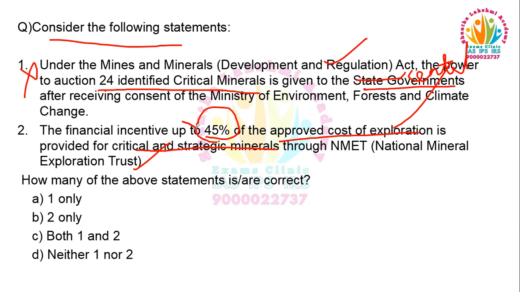So this statement is incorrect because it is not 45%, it is 25%. So 25% of the approved cost of exploration is provided for critical and strategic minerals through National Mineral Exploration Trust. So statement 2 is incorrect. So how many of the above statements are correct? Neither one nor two. Option D is the correct answer.